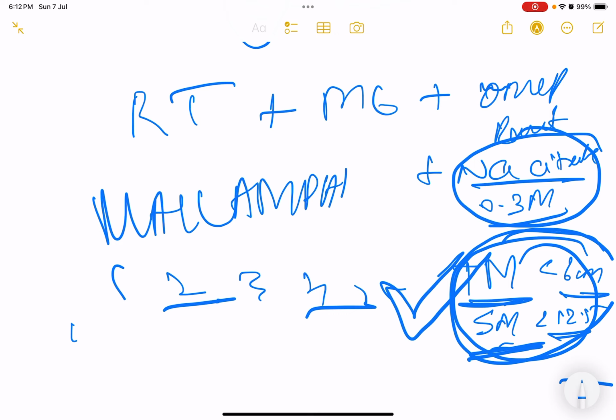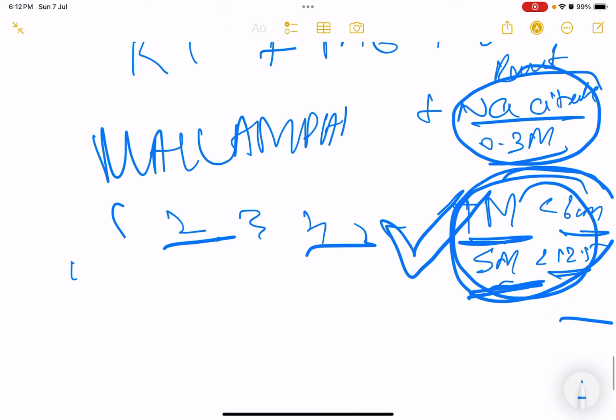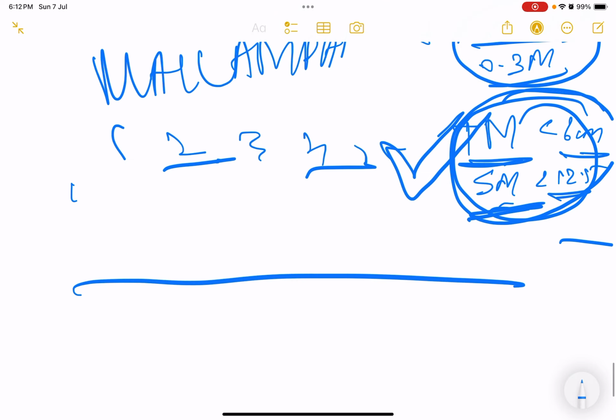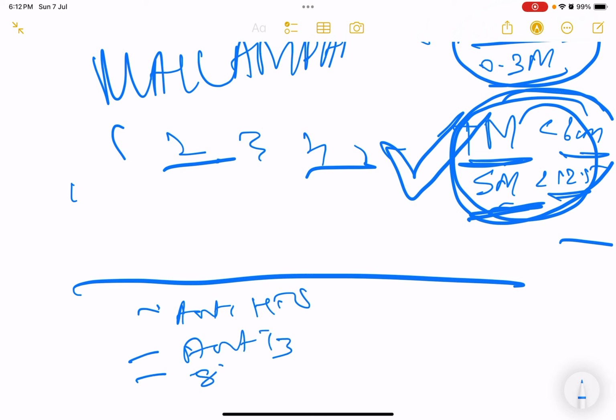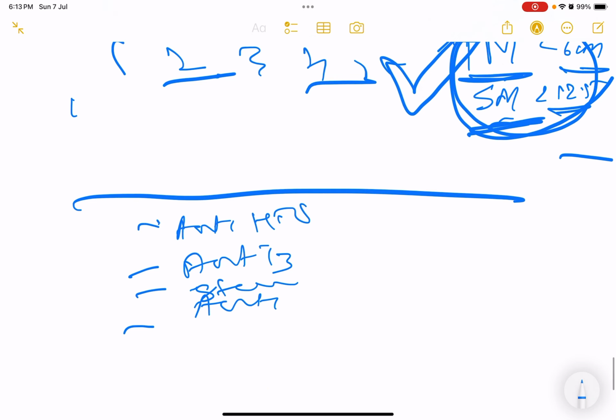And what are the drugs that you continue on the day of surgery? All antihypertensives, except ACE inhibitors and ARBs. Antithyroid drugs, steroids, antipsychotics, anticonvulsants, asthma drugs, statins.